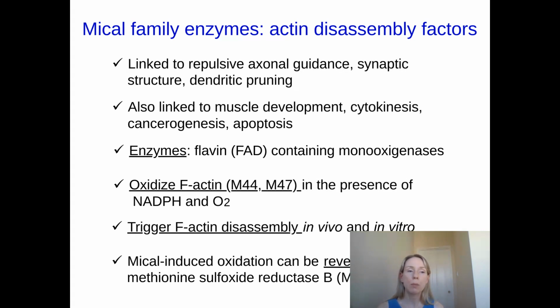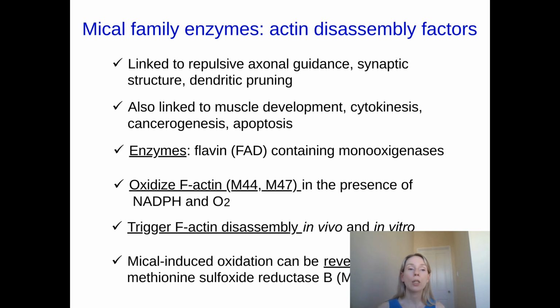And what those enzymes do is very specific, and it's completely different from the oxidative damage we sometimes discuss in relation to oxidation of biopolymers. What those enzymes do, they oxidize actin on two residues, very site-specific and stereospecific actually. And those two residues are two methionines in the DNase I binding loop of actin, and this is methionine 44 and 47.